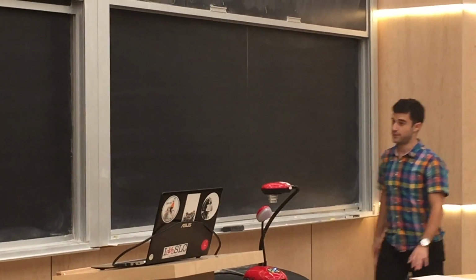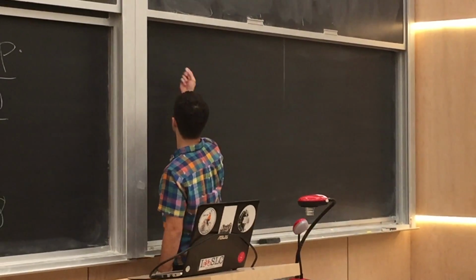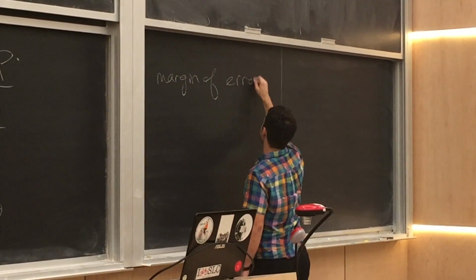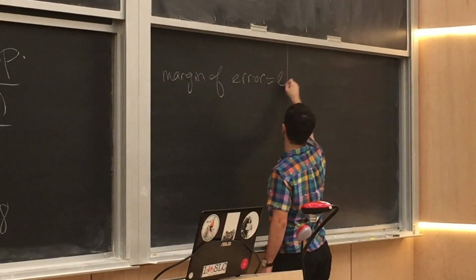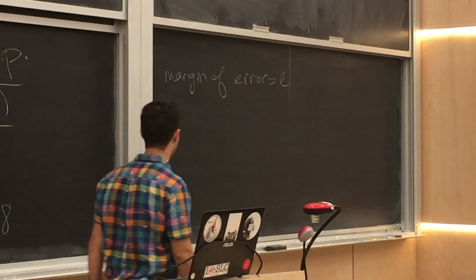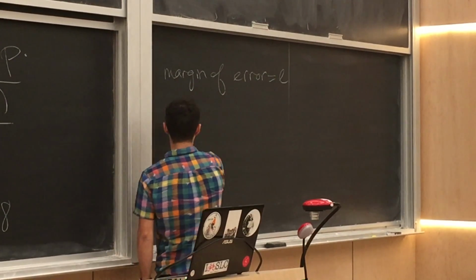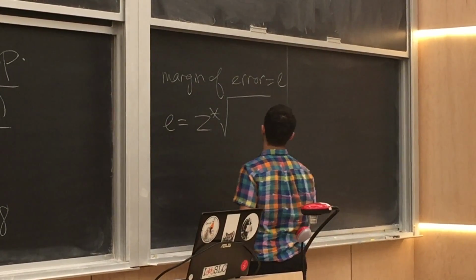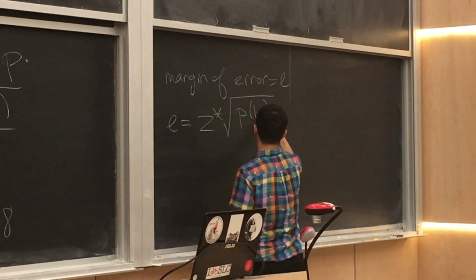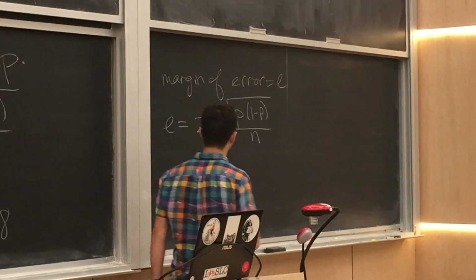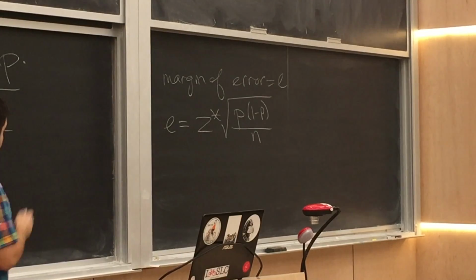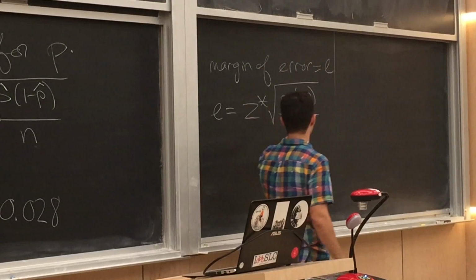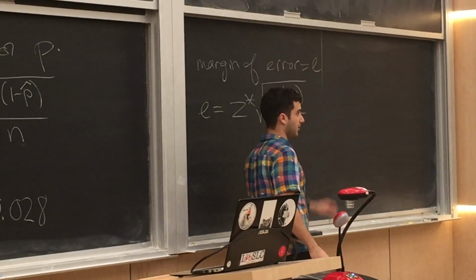Remember the margin of error; let's just call this letter E. So we have the formula E equals z star times the square root of p times 1 minus p over n. Okay, so this is where p is the actual population parameter.